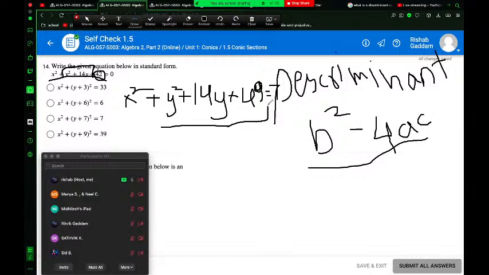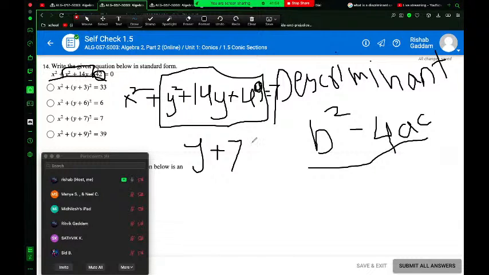So now we have this as a perfect square, so this can become y plus 7 if we factor this. Remember factoring, it's where you multiply something times something to get this number, and you add those two numbers to get this number. Remember that.